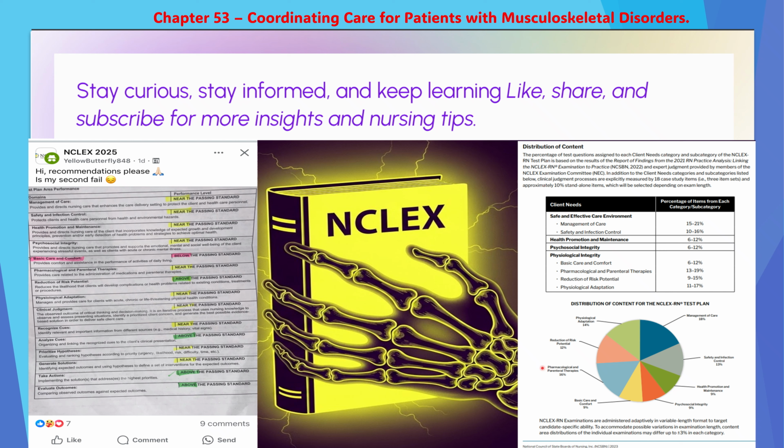So the NCLEX is broken into these 15 specific areas, domains. It's not just knowing your content, it's about knowing how to apply it in different situations. For example, in this chapter there are 7 diseases.